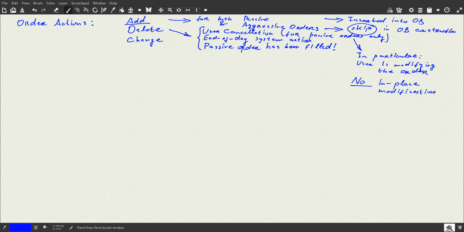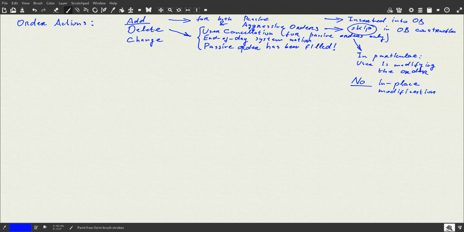It is an entirely new order. You understand why? Because basically it is a completely new intent. You are buying first and now you are selling. So in that case, you cancel the original one and you place a completely new order, possibly on the other side.